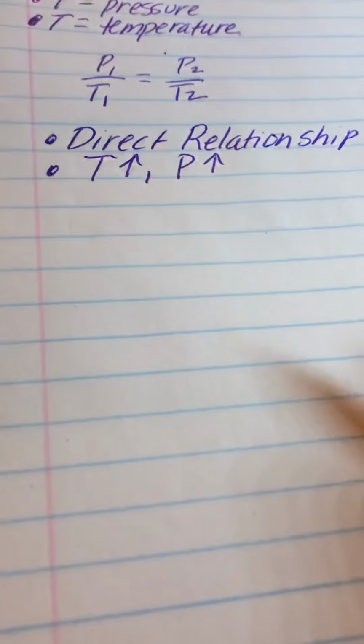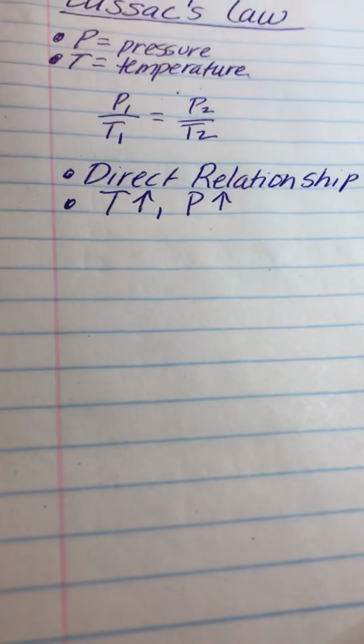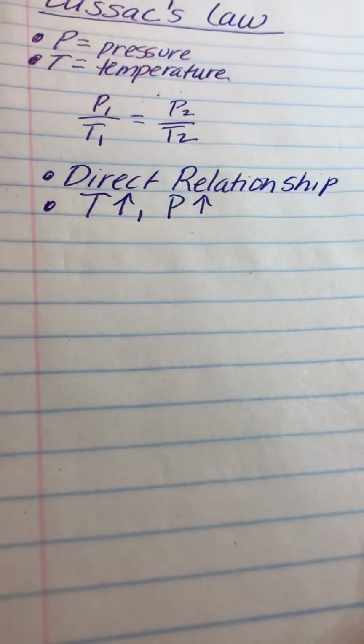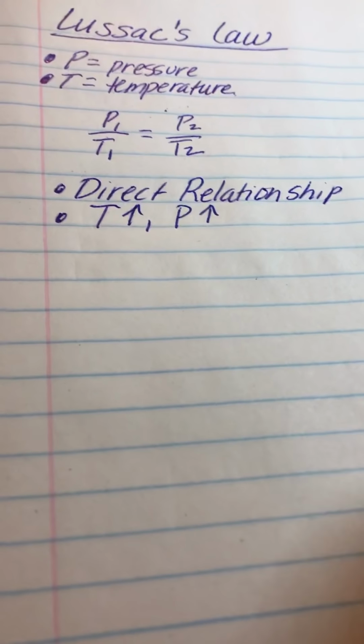Meaning, for example, if the temperature goes up, then the pressure is going to go up. So if one goes up, the other goes up. Pretty straightforward. Let's go through an example.